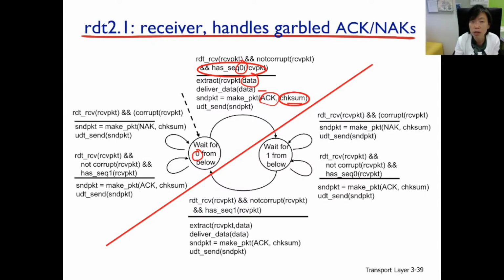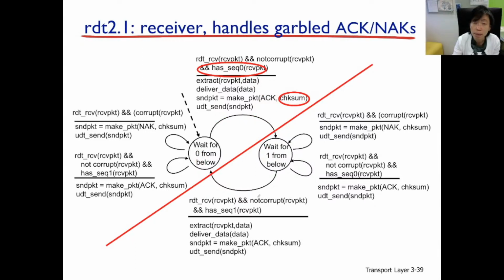The checksum here enables the data sender to check whether the ACK packet or the NAK packet is corrupted. So that ACK packet with the checksum will be generated and sent back. All right, straightforward. And we move to the new state, wait for 1 from below.